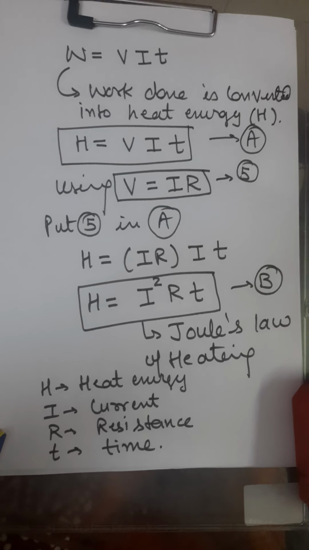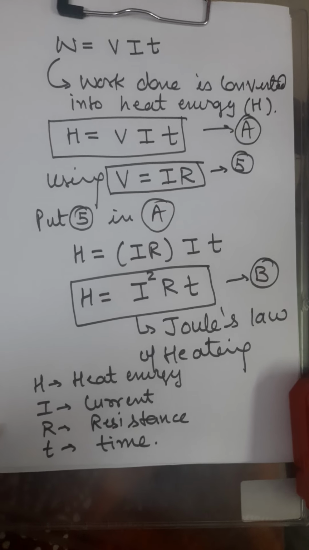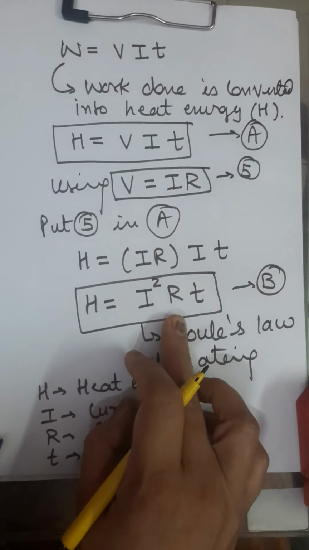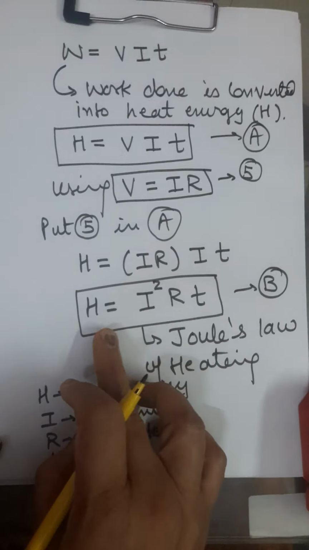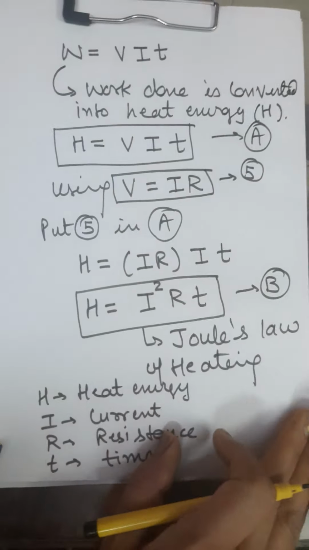If you want to, copy down the derivation in your notebook with your hands so that you have a practice on it. Right? Now I restart from this. There is one more expression. If I write this B again, remember the expression H is equal to I square RT.